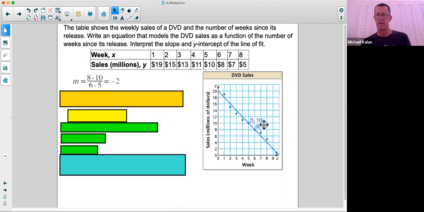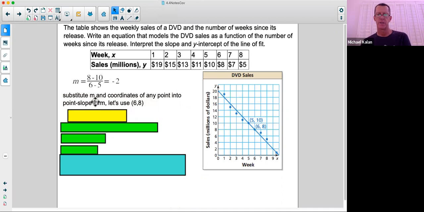And so I did 8 minus 10 over 6 minus 5, which gets me -2 over 1, which is -2. And now I can substitute m and the coordinates of any point into point slope. So for whatever reason, I decided to use 6, 8, okay? So what formula is that again? Point slope, say it to yourself. Hopefully you said y minus y1 equals m times quantity x minus x sub 1.